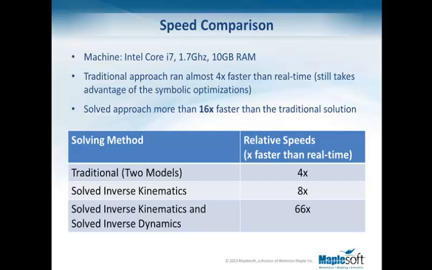Once we remove the one model and perform the inverse kinematic via that Modelica component that we incorporated in our model, we become 2 times faster, or in total 8 times faster than real time. And once we solve everything, the inverse kinematic and inverse dynamic, the final result was a staggering 66 times faster than real time.